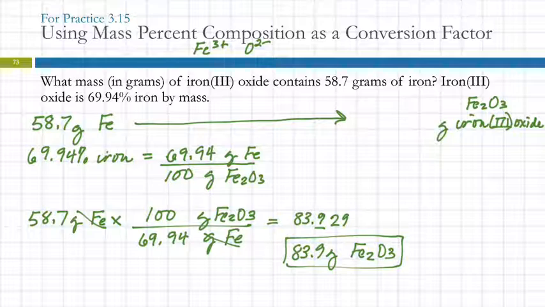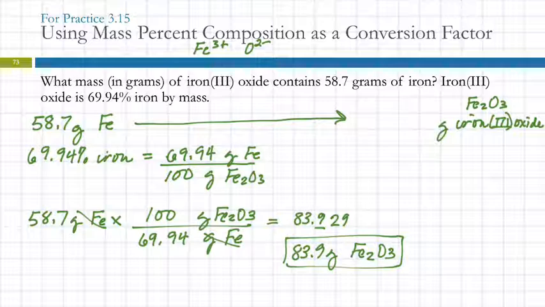Is that a reasonable answer? Is it possible? This is the mass of the whole thing. This is the mass of the part. The mass of the part has to be smaller, and it is. You could make lots of mistakes and still have it be reasonable.